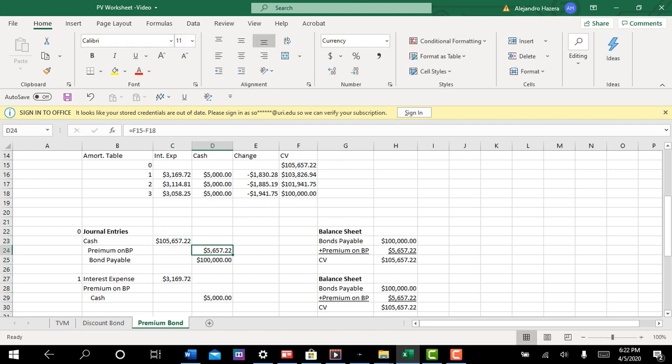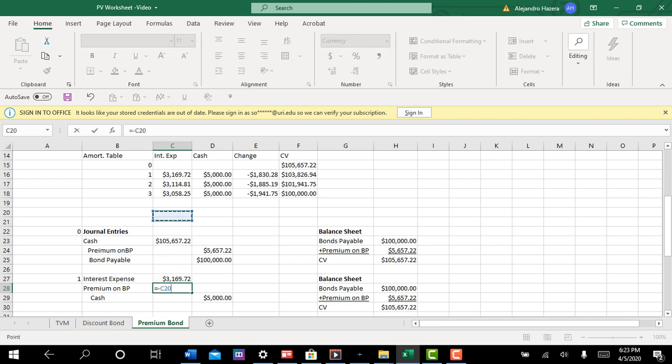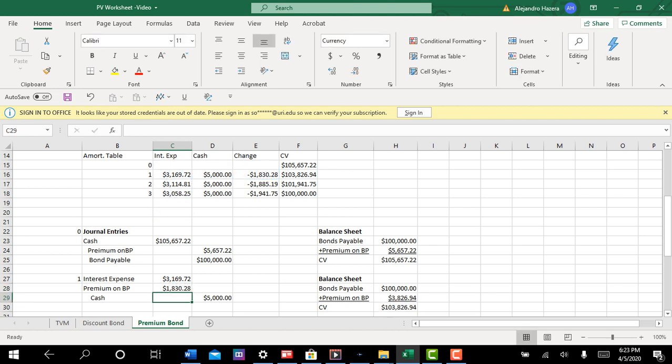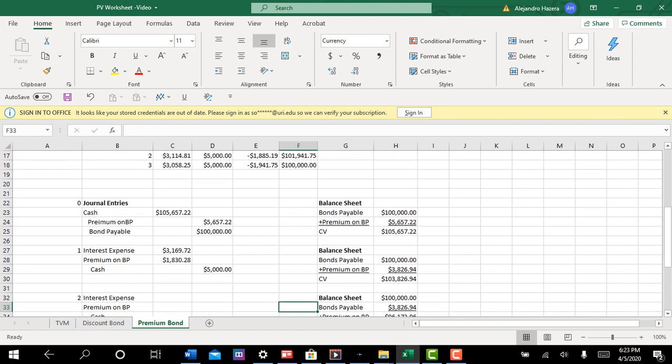Notice that this is a credit, however, so to whittle it down, so to speak, we're going to be debiting that amount for the change. So this is going to be equal to negative, because we don't want that negative in there, 1,838.28. So you end up with a carrying value of 103,826.94. Notice that the carrying value on the balance sheet is also equal to the carrying value on the amortization table.